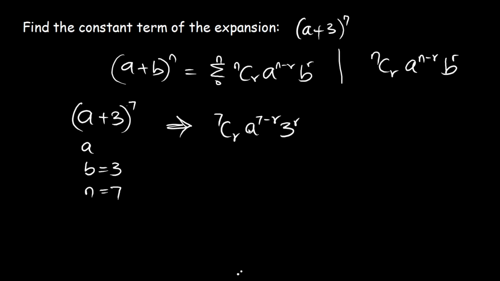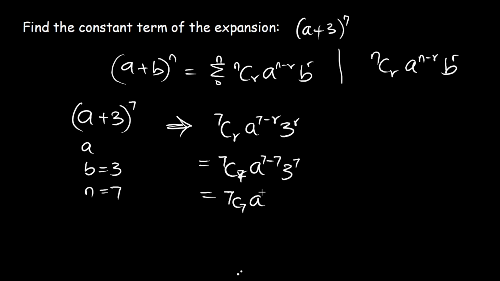So let's plug 7 back into this term, and we are going to have 7 combination 7, a raised to the power of 7 minus 7. Of course, we are expecting the power to be 0. 3 raised to the power of 7. 7 combination 7 is 1.